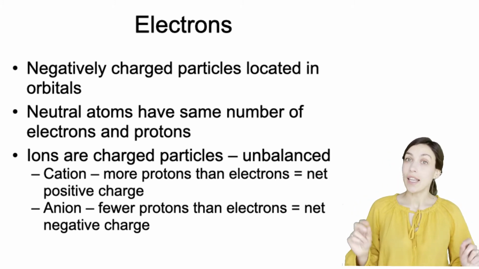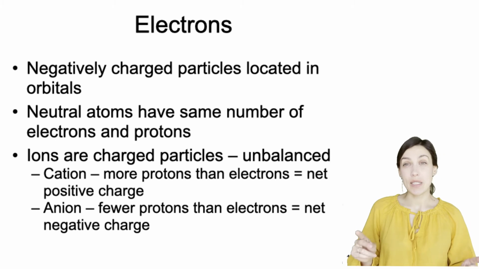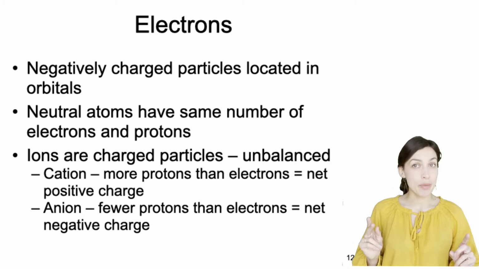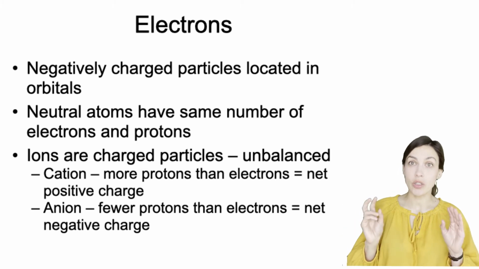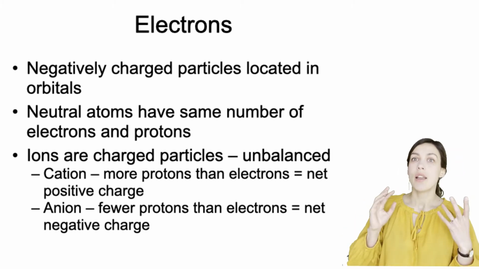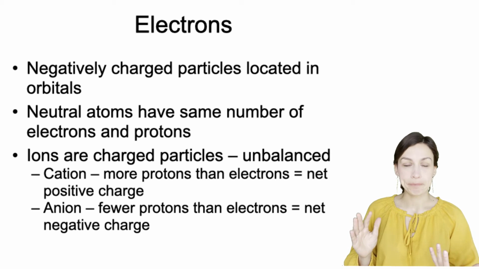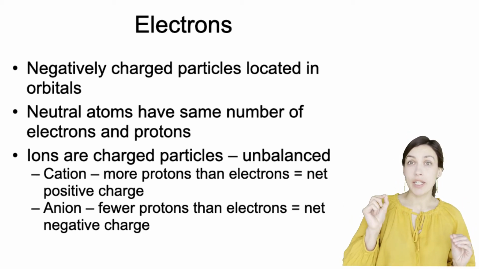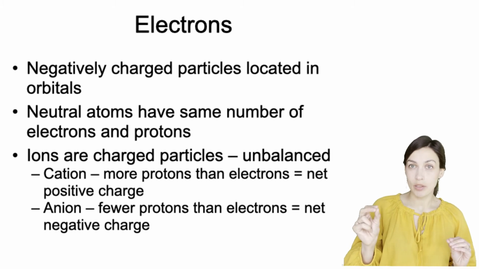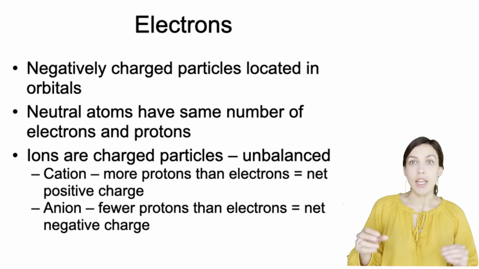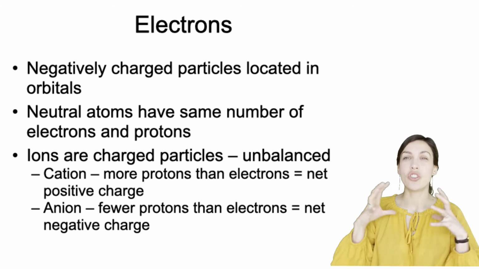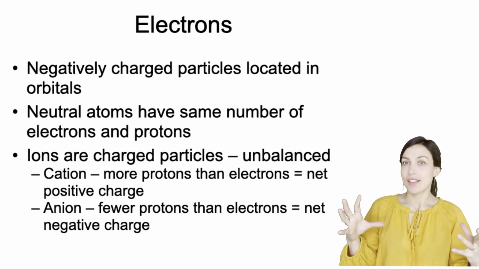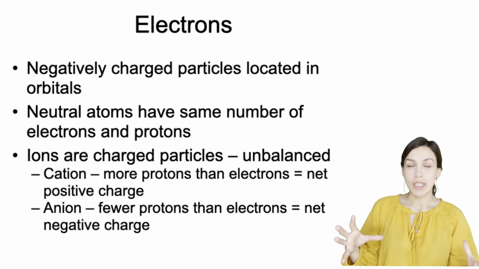So it's the electrons that participate in chemical reactions. So we need to know a little bit more about their structure and arrangement to understand how chemical reactions happen. Remember, electrons are very, very tiny subatomic particles that are located in the electron cloud, which is the giant surrounding area of the atom around the nucleus.